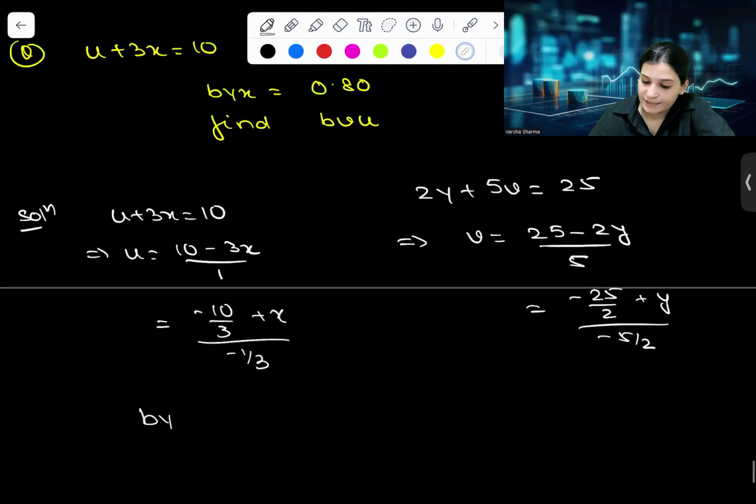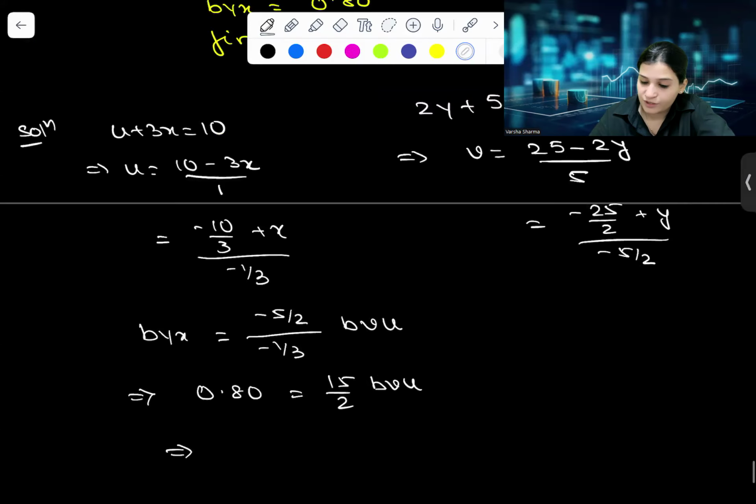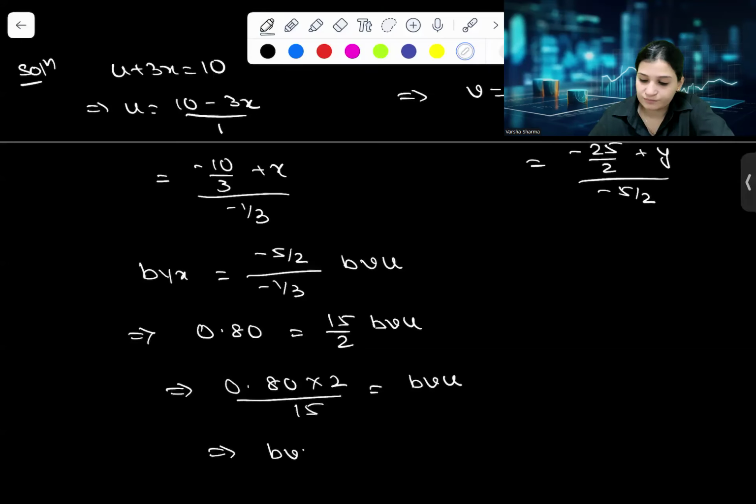So byx: y is divided by minus 5 by 2. X is divided by minus 1 by 3. Y changes to v. X changes to u. This is 0.80, minus minus cancelled, 15 by 2. bvu will be 0.80 into 2 by 15, which is 0.1066, so 0.107.